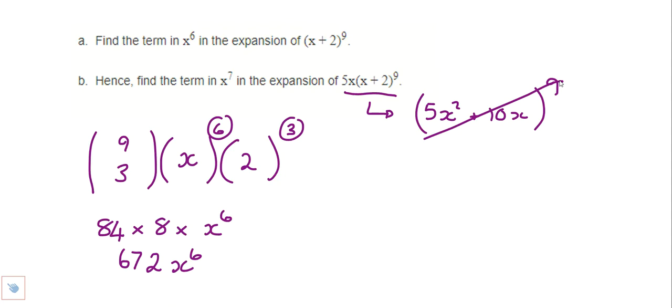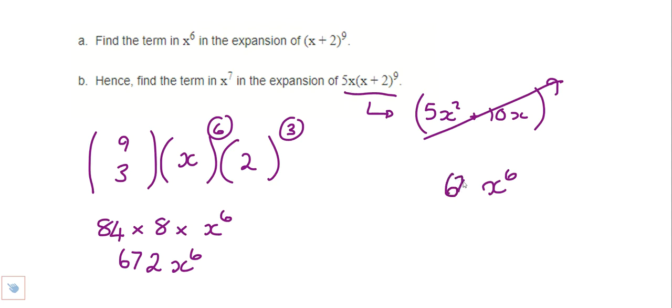What do you notice about the one that they made you work out? It's the same. So now you just have to do 5x. What happens if I multiply x to the power of 6 by an x? Okay.